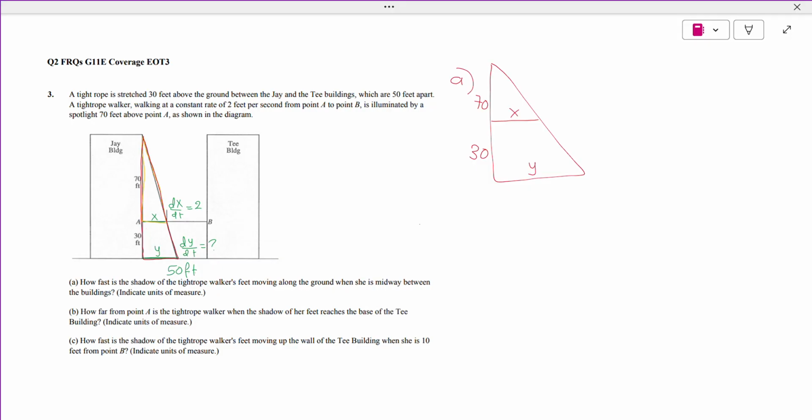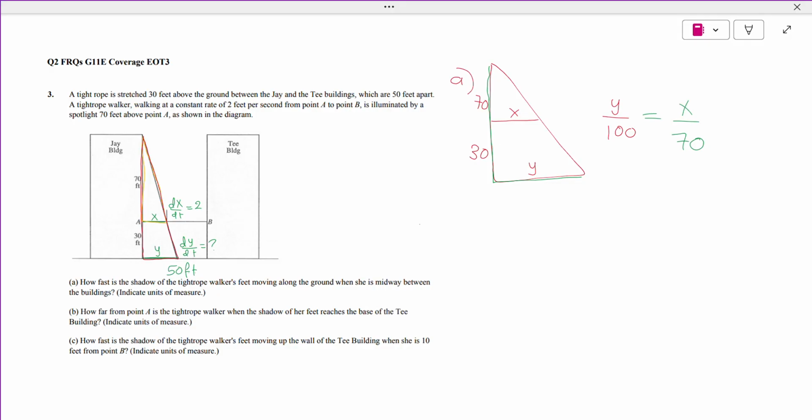So we can find a proportion out of these two triangles. We can say that y over 100, because this side here is 100, y over 100 equals, if you follow the same order, x over 70, right?